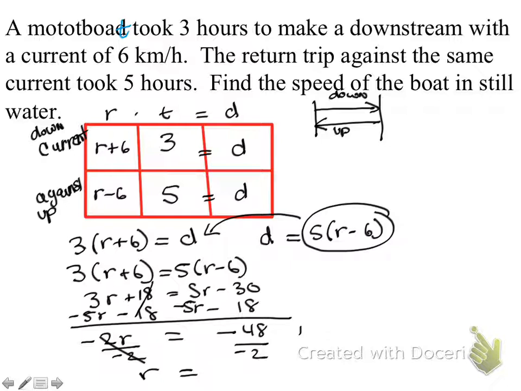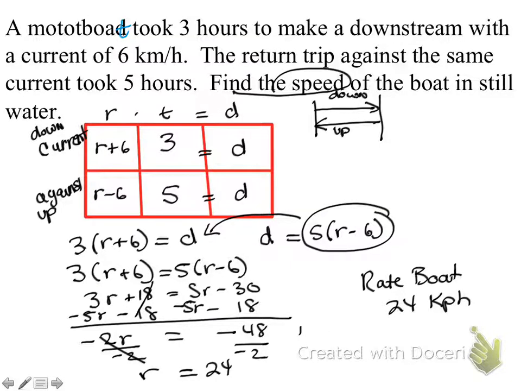And R is equal to what? 24 what? Kilometers per hour. So the speed of the boat, the rate of the boat, is 24 kph. Okay, questions? How are these feeling?